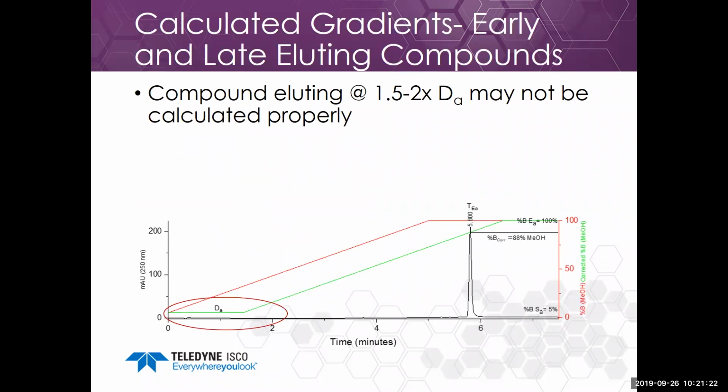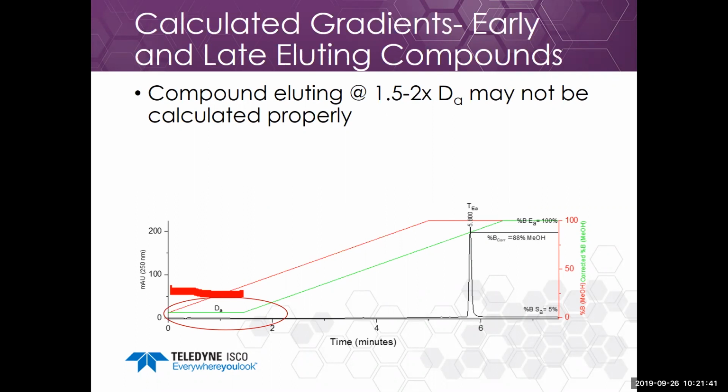So a compound elutes very early. You notice that we have this analytical delay down here, this apparent analytical delay. A compound that elutes over here is going to elute with a different calculated gradient than expected.